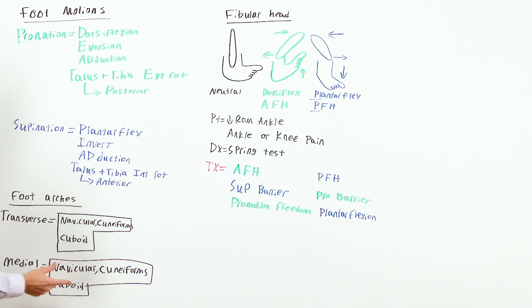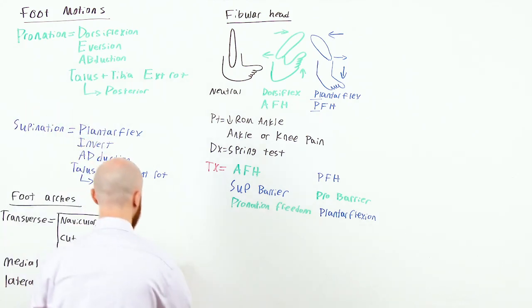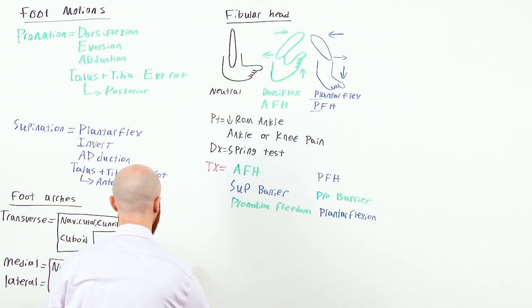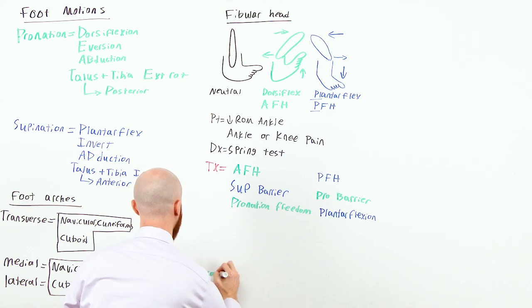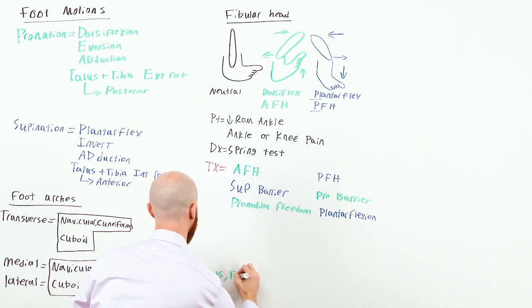Because they share the Tetris piece, we're going to add in some extra bones. Each arch is going to get some of the metatarsals and 1 additional bone. So the medial arch is going to have metatarsals 1 through 3, and the talus.